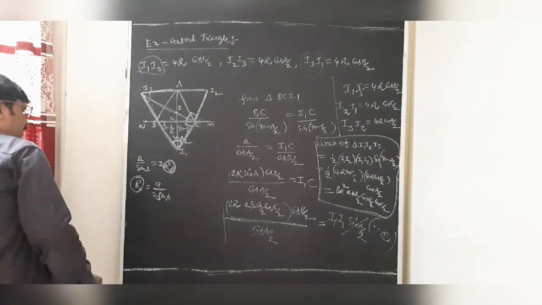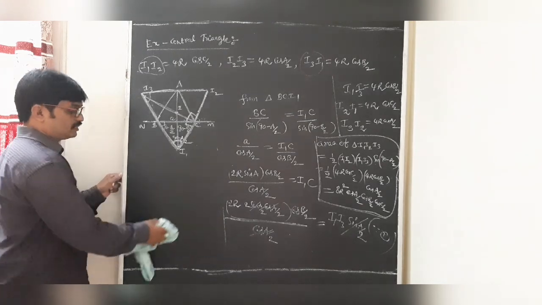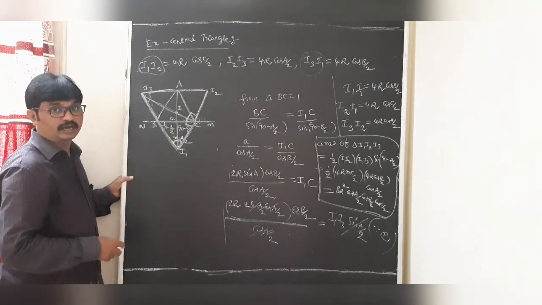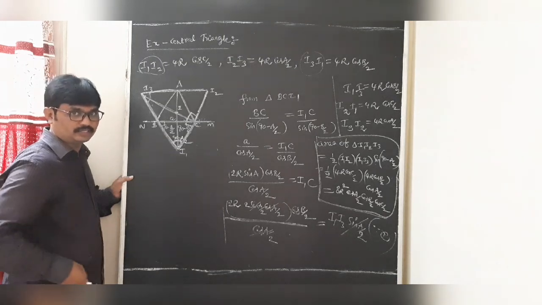Similarly students, we can write that R is the circumradius of the triangle ABC.